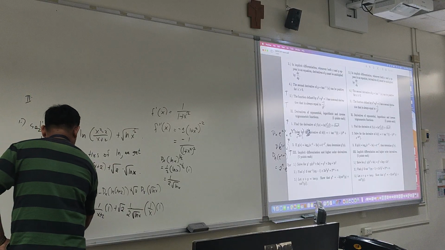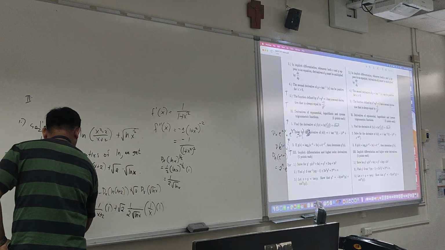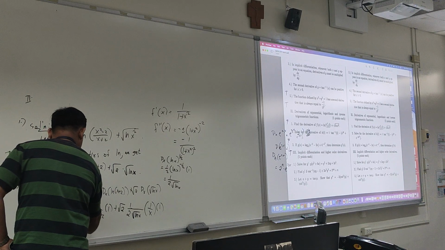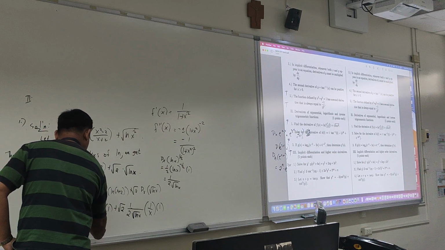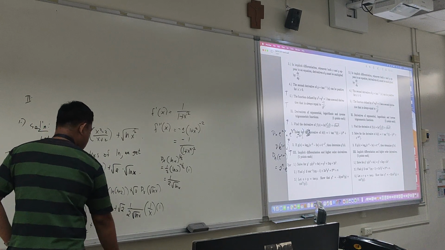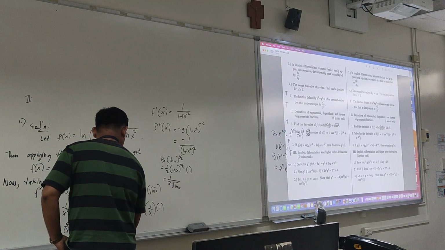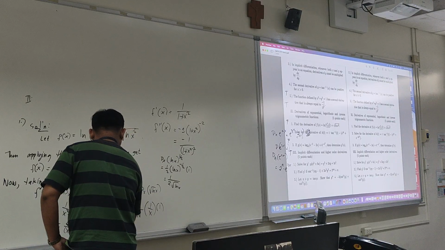So we have 2x over x squared minus 2, minus 1 over x plus 2, plus square root of 2 over 2x, no? Square root of ln of x.